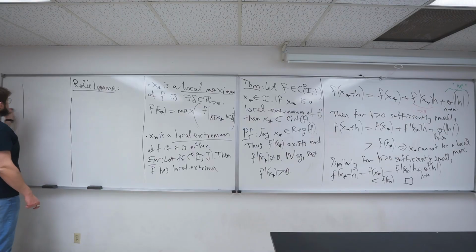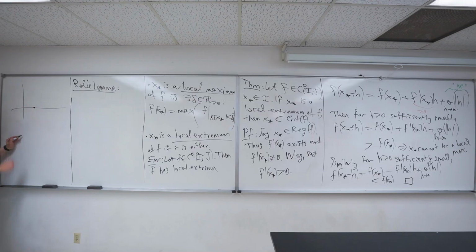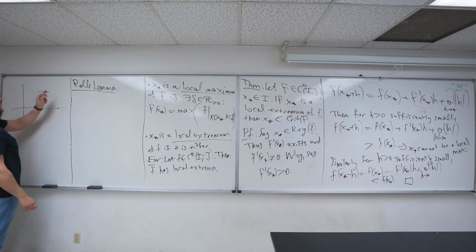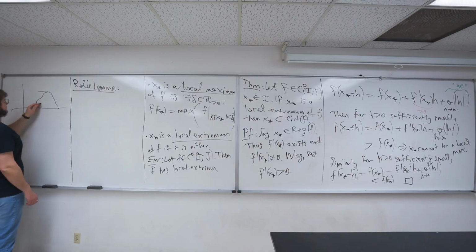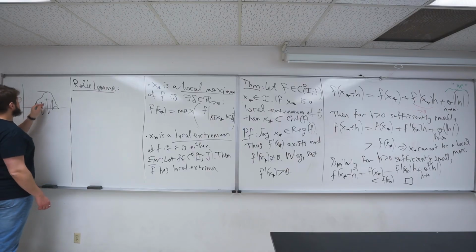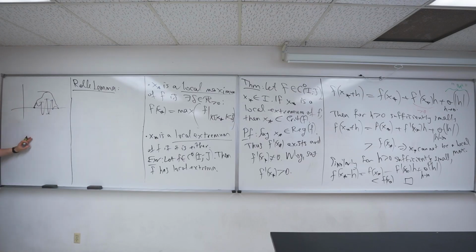In other words, if I have a differentiable function whose graph passes through this point and through this point, there has to be some point in between where the derivative is 0. In other words, if this guy is going up, it has to come down, which means that there has to be an apex like this. There could be multiple, could be oscillating like so, but there's at least one.